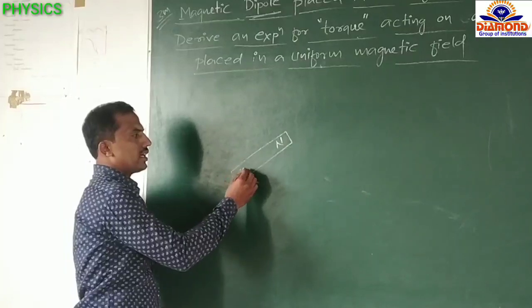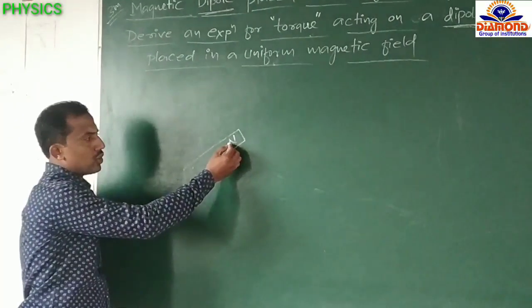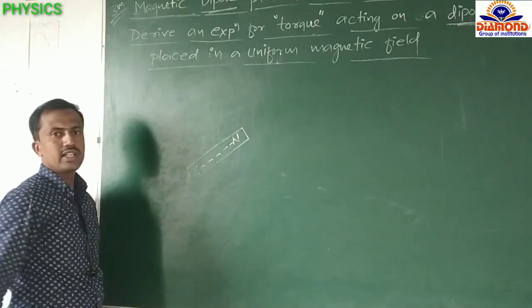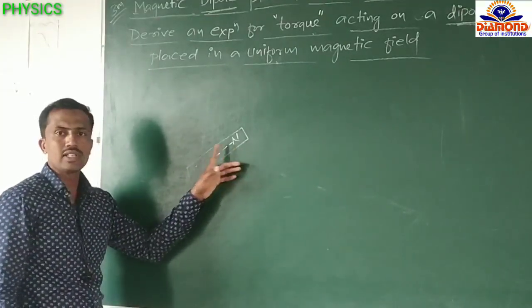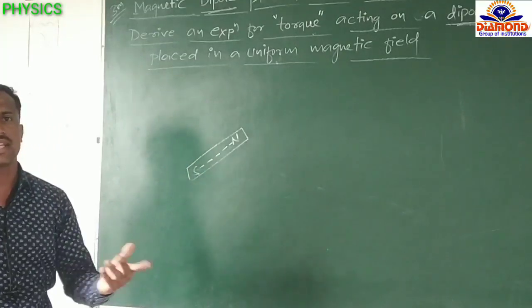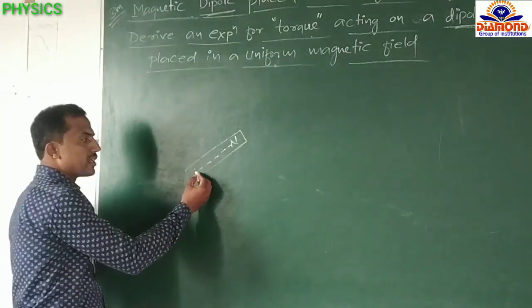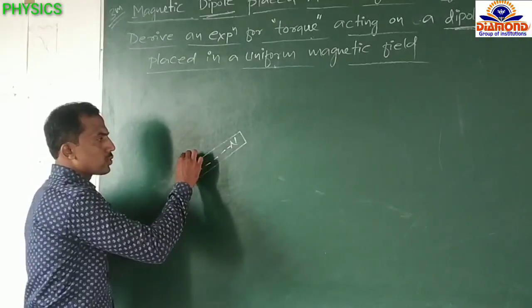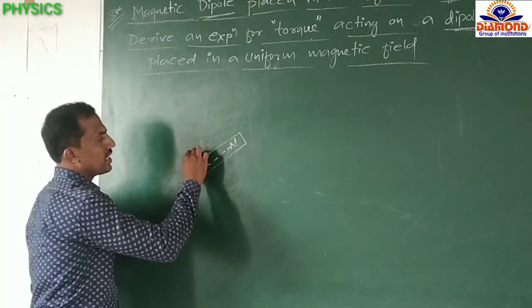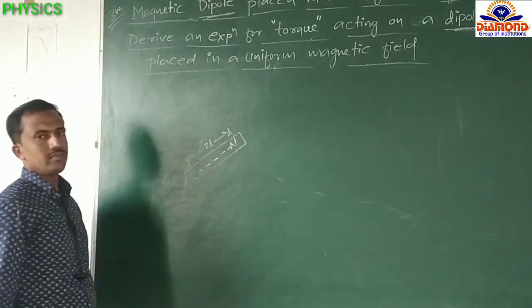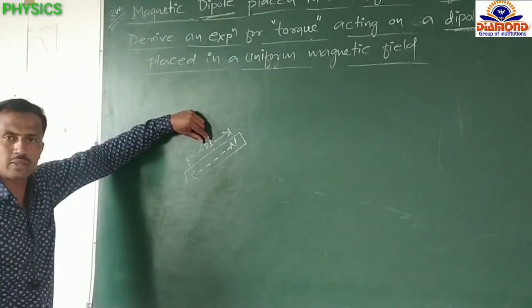The line joining the north pole and south pole is called the magnetic axis, and the distance between the two poles is called the magnetic length, denoted by 2L.